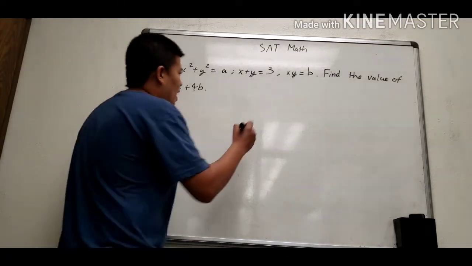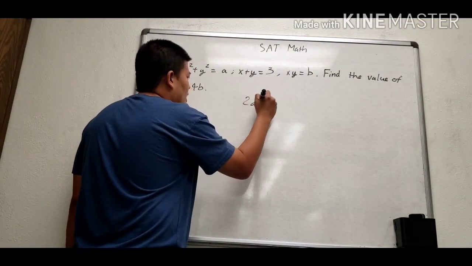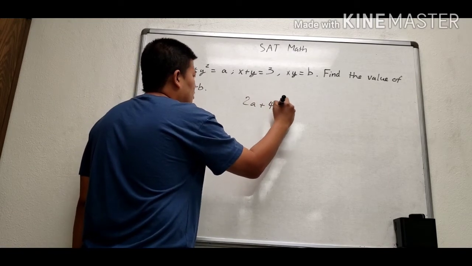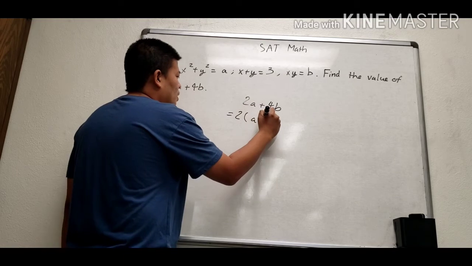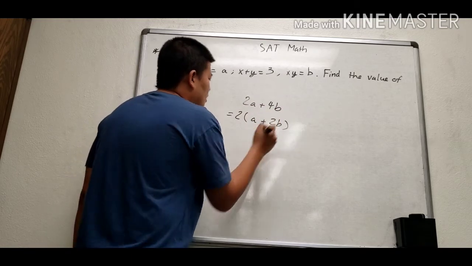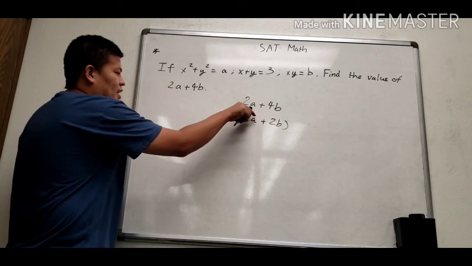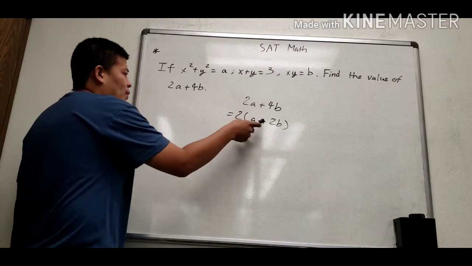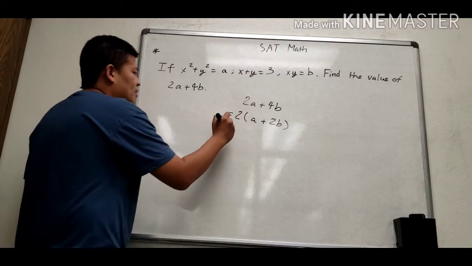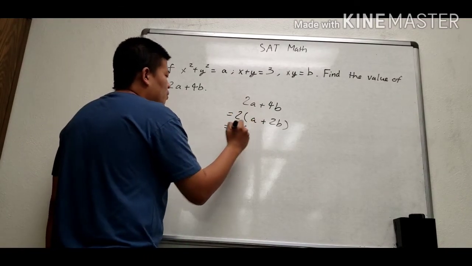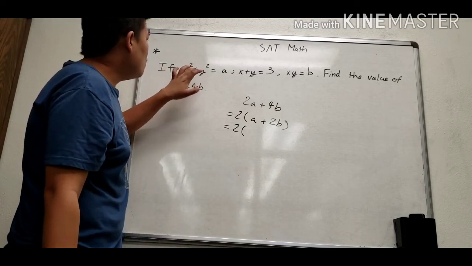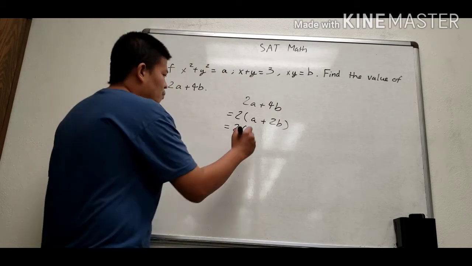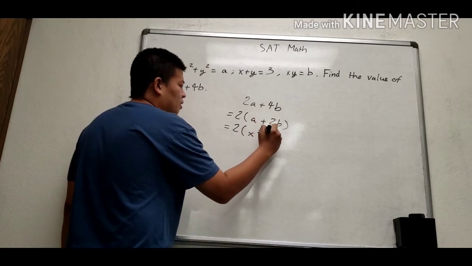In here we have 2a plus 4b, and we remove number 2, and we have a plus 2b, because 2 multiply with a is about 2a, 2 multiply with 2b about 4b. We have 2, and in here we have a, which is about x power 2 plus y power 2. We input in here.